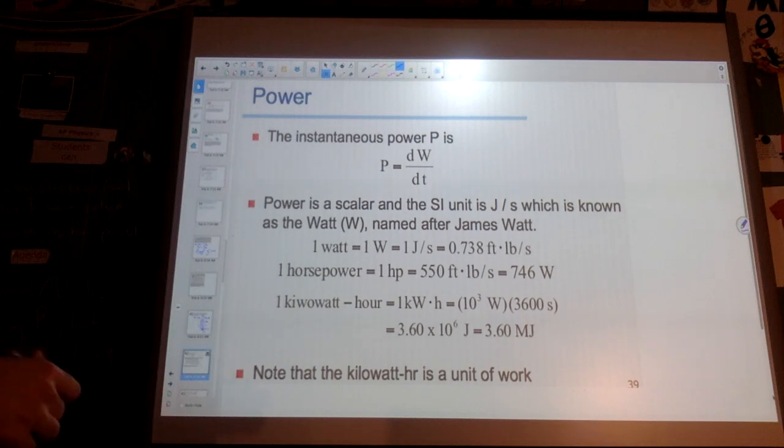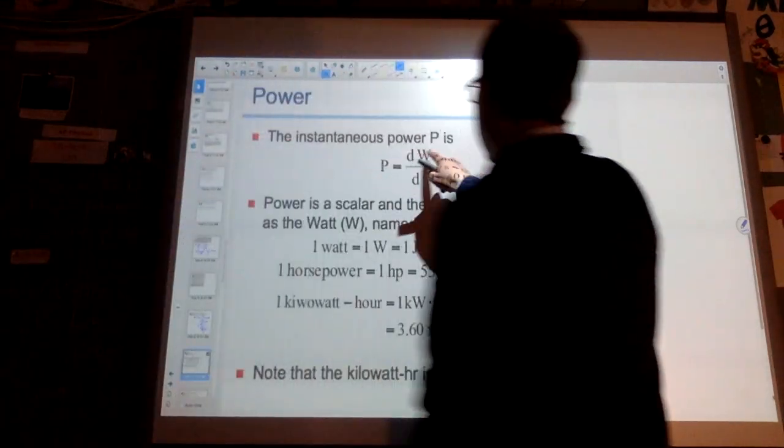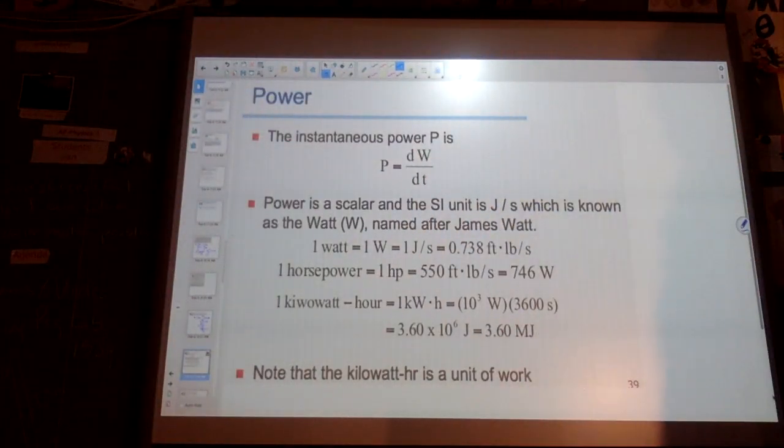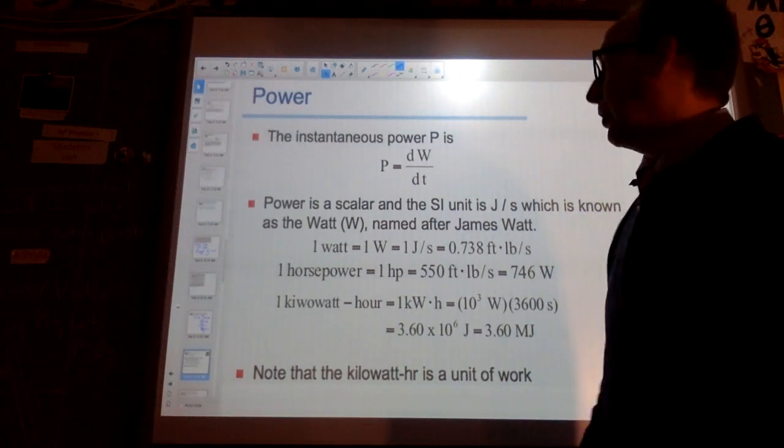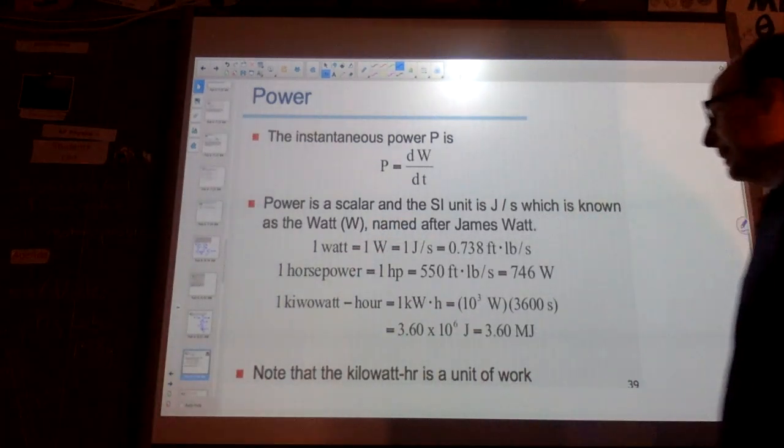Instantaneous power is going to be how our work changes with respect to time. So we can take the derivative of the work function with respect to time. Power is also going to be a scalar, just like work is, and it has a unit of watts.